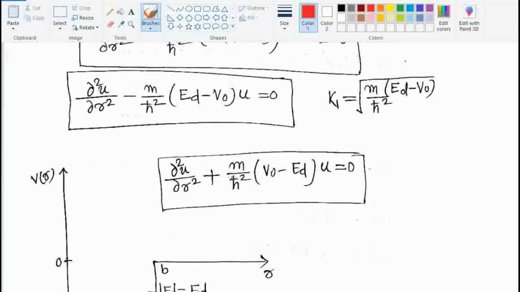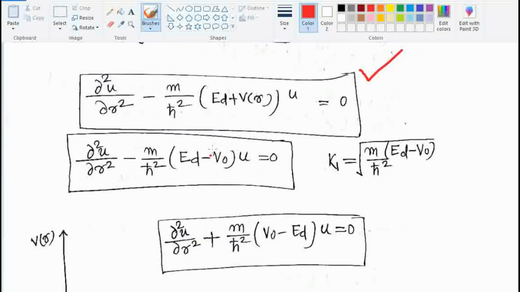Now what you have to do, put the value of VR, you know, minus V naught. So if you put minus V naught, you will get minus here, and you can put the value of the binding energy of the neutron.